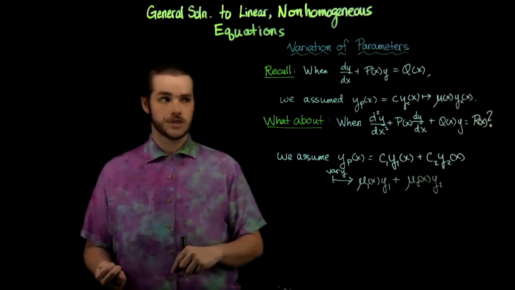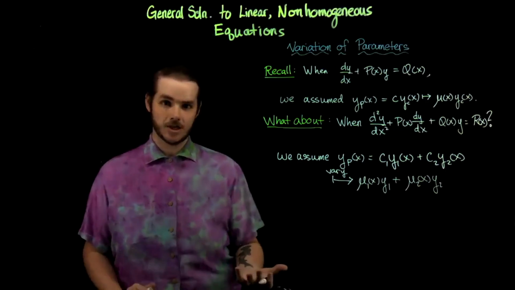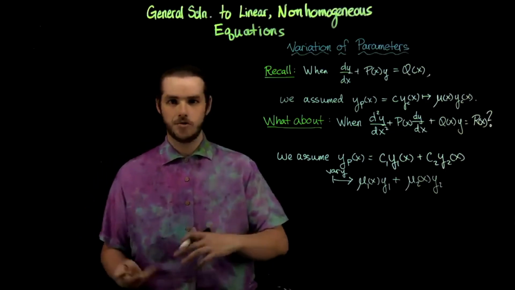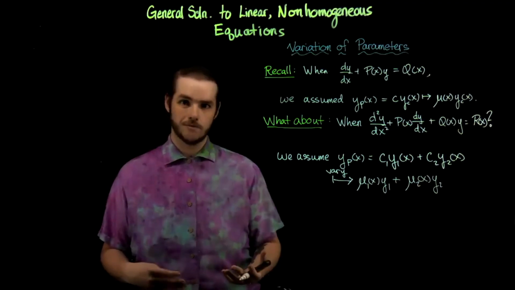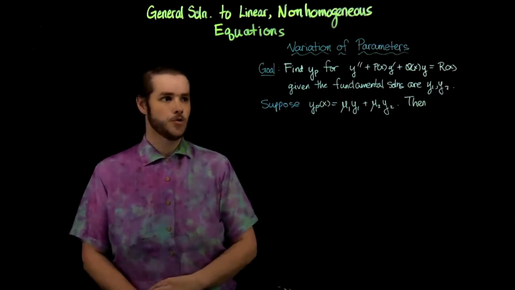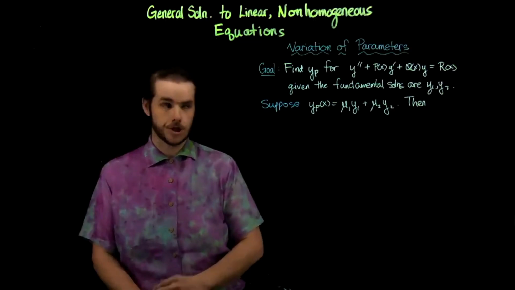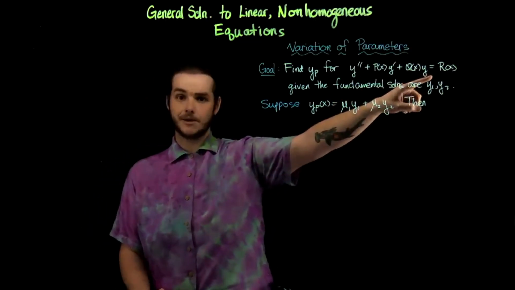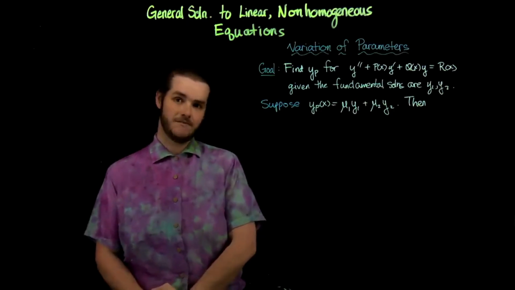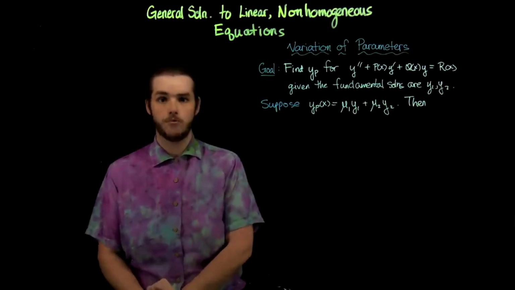And now I'm going to solve this in the same fashion as my method of undetermined coefficients, except it's going to be a little bit more theoretical or general. So I just cleaned up a bit, condensed our thoughts. We are trying to find the particular solution of this second order linear non-homogeneous equation given our fundamental solutions, y1 and y2.